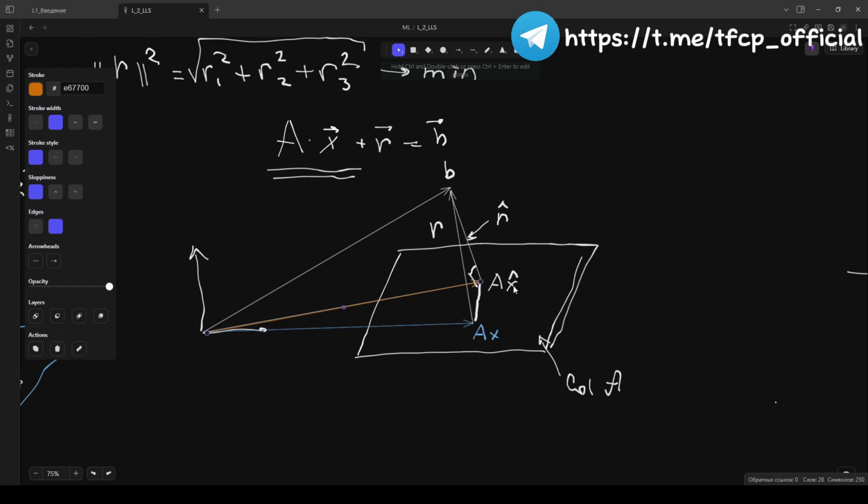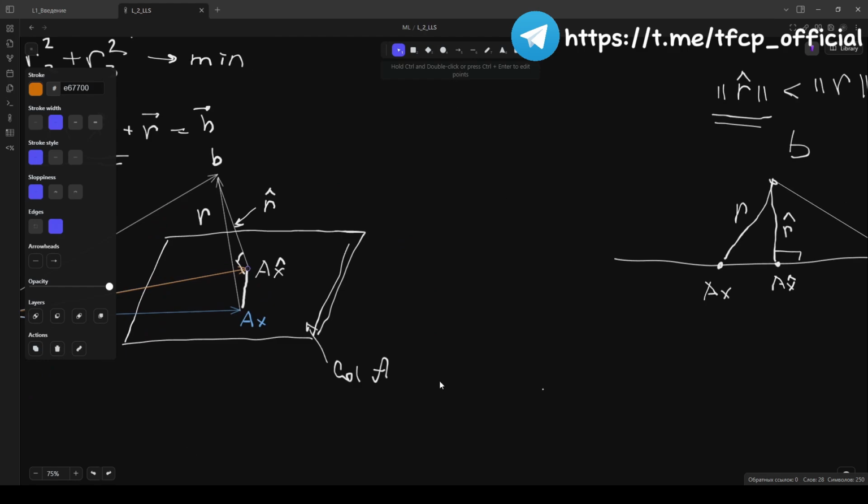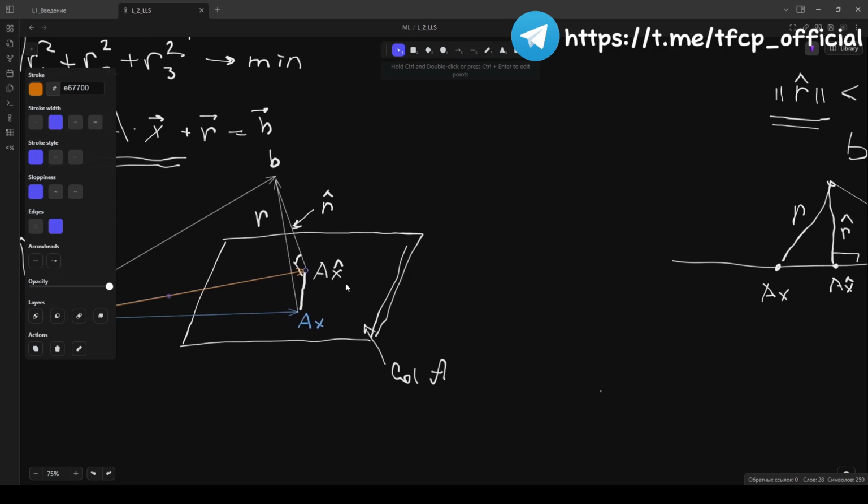So we have found it. And now we have two tasks. First, we need to rigorously prove that this residual r hat, which corresponds to the vector x hat, is indeed the smallest, that it has the smallest length among all possible vectors r.